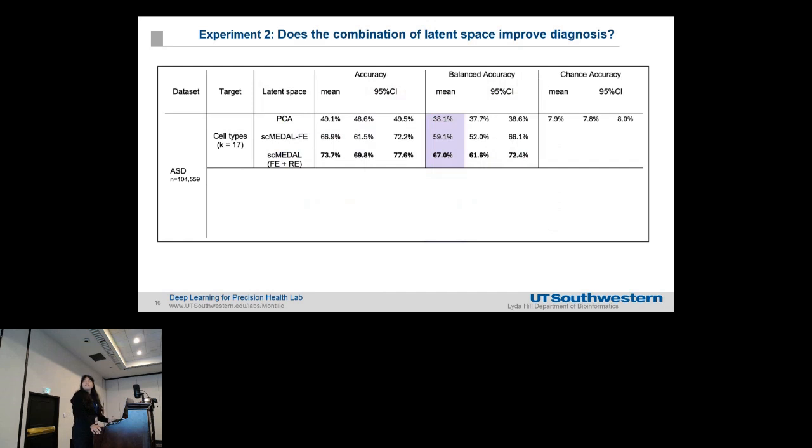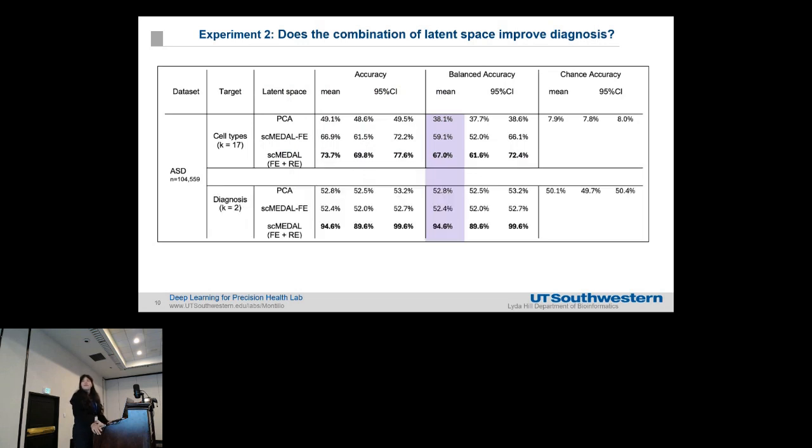And experiment 2 is about using this combined information and seeing if it provides a better classification score. So first we classify the cell types and we obtain an improved performance. But actually we use a random forest classifier on the two latent spaces combined.